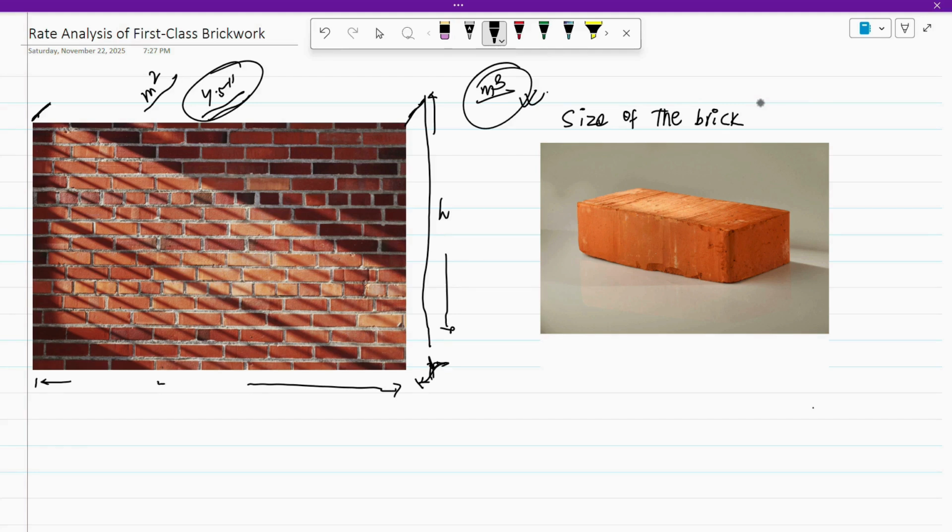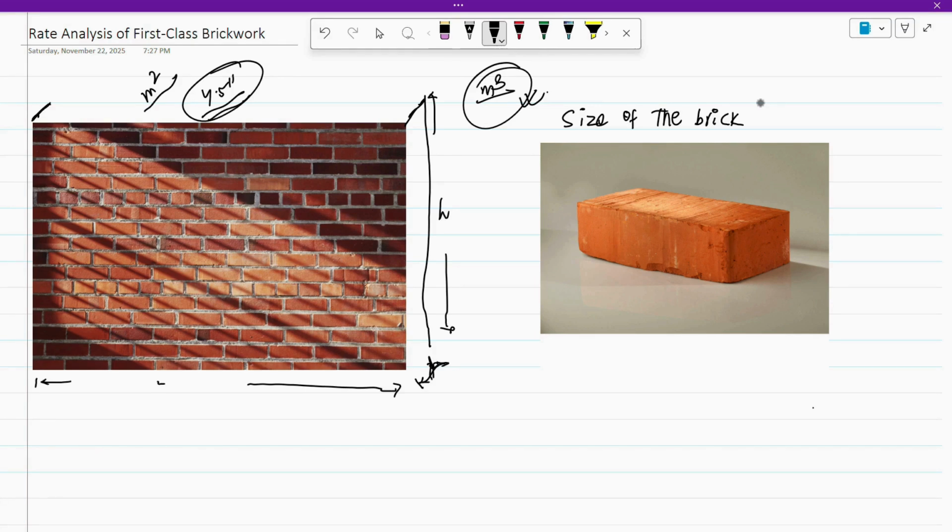The size of the brick depends on the location and on the manufacturer. You need to get the size from the place where your project is located before doing the analysis. Now I will use here the size that is normally followed in the place where I work, and using the same principle, you get the size from the manufacturer where your project is located, and then you do the calculations.